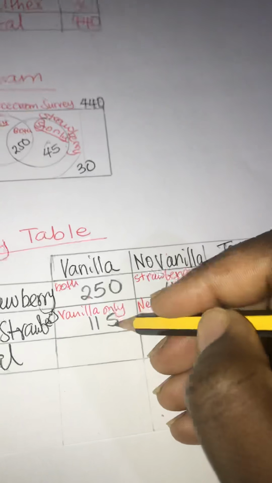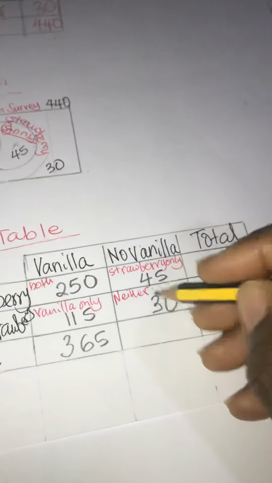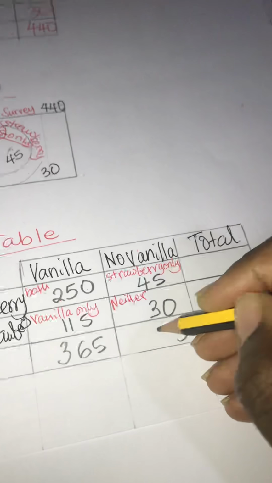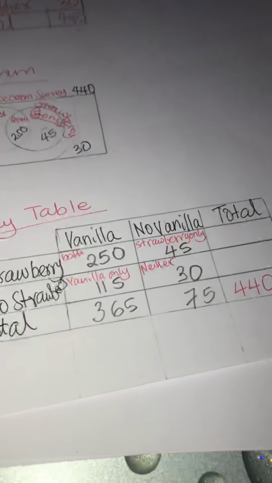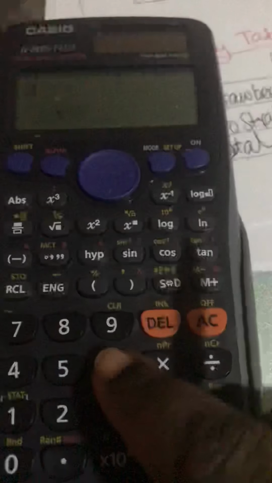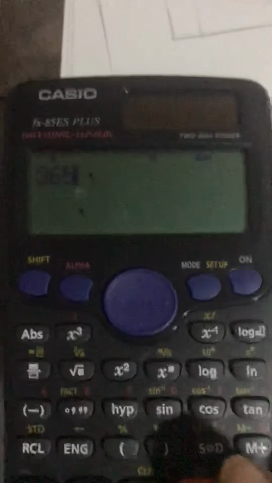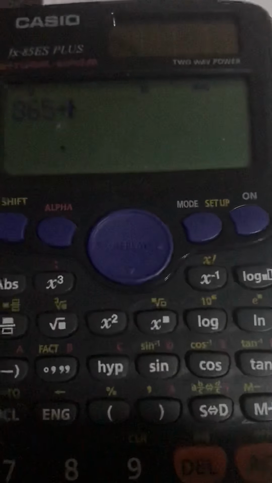And then you just add your numbers. 250, this is 5, this is 6, this is 365. This is 5, this is 7. 365 plus 75. I can't see.